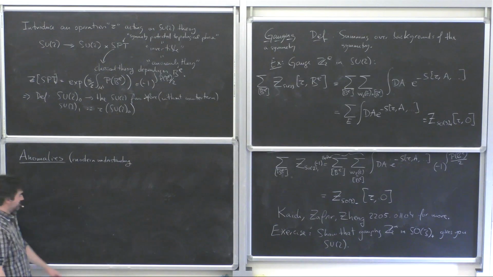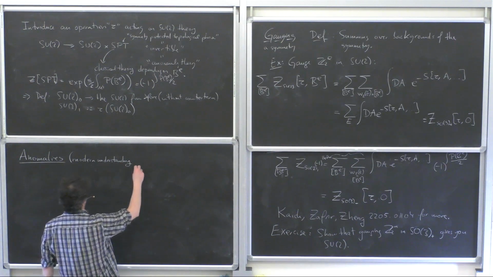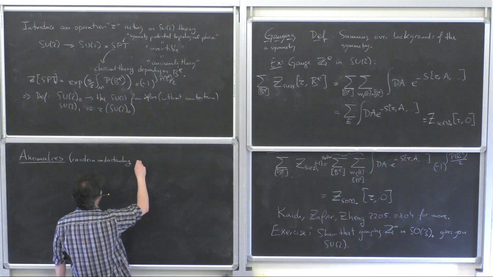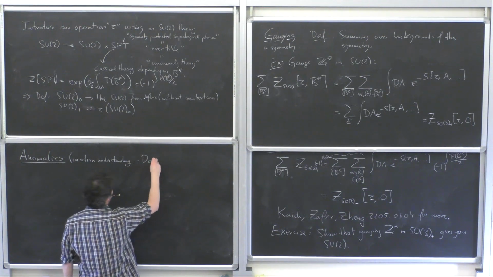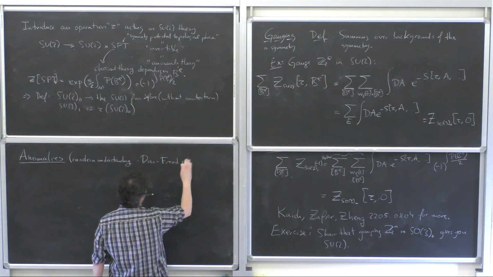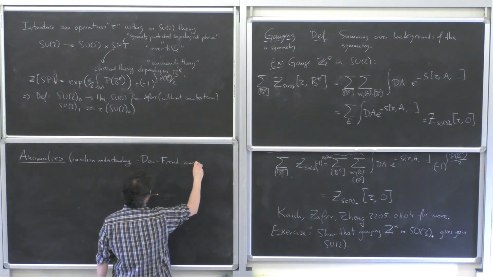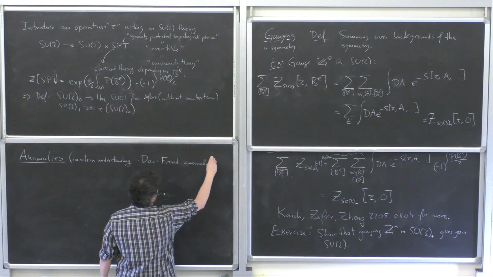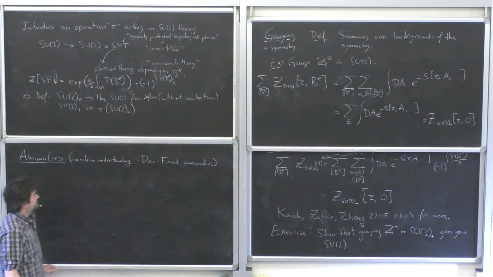Because modern will get old at some point. Sometimes we call this the Dai-Freed understanding of anomalies, for reasons that will become clear in a second.